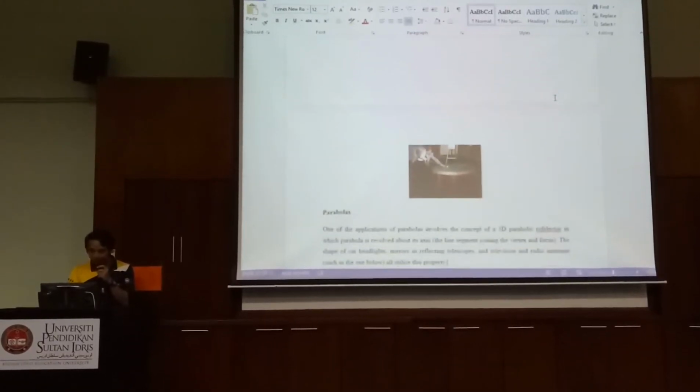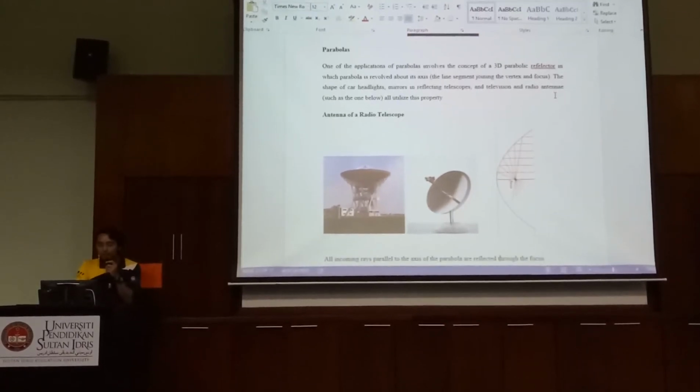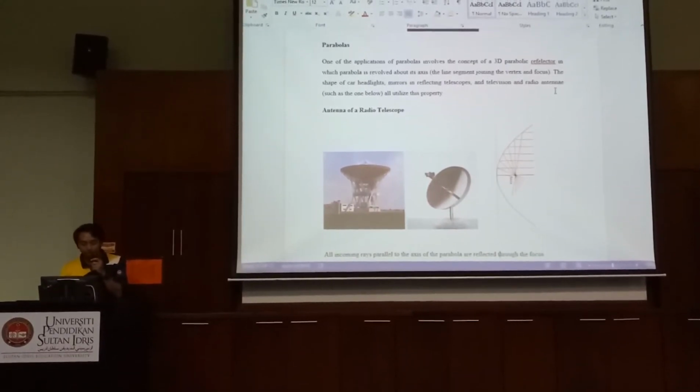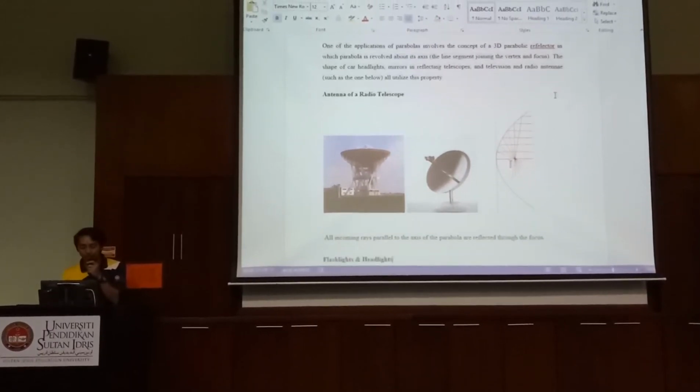We jump to the next one, which is parabola. One of the applications of parabola involves the concept of a 3D parabolic reflector, in which a parabola is revolved about its axis, which is the line segment joining the vertex and focus.